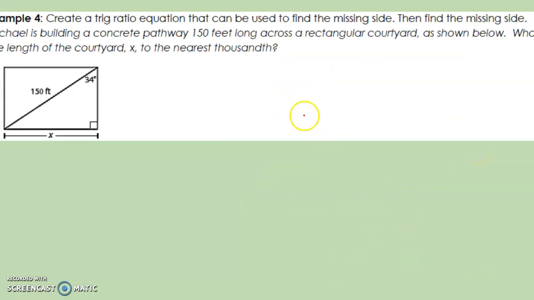Okay, this is our last one. And it says find the missing side, then find the missing angle. Find the missing side. I thought I read missing. Okay. So we're going to create a trig ratio that can be used to find the missing side. Michael is building a concrete pathway. I think it's just a repeat.